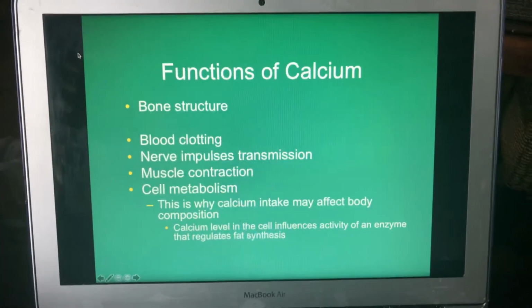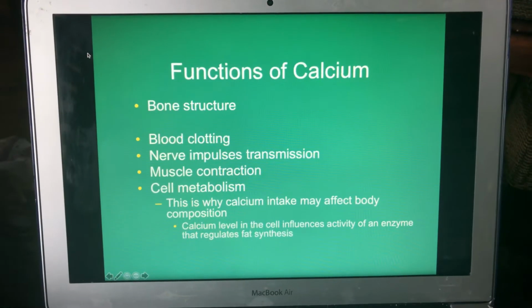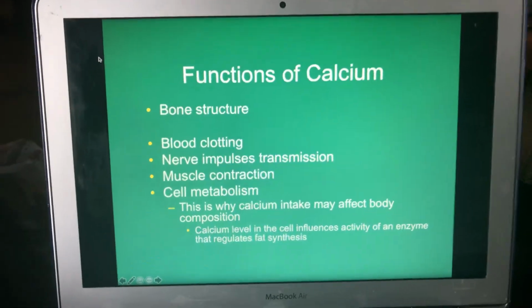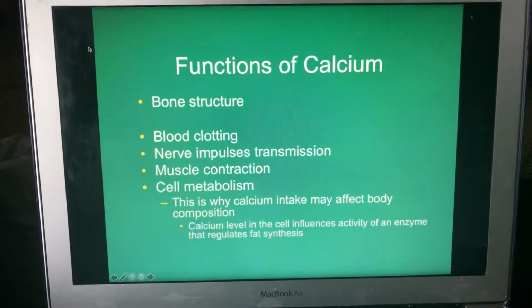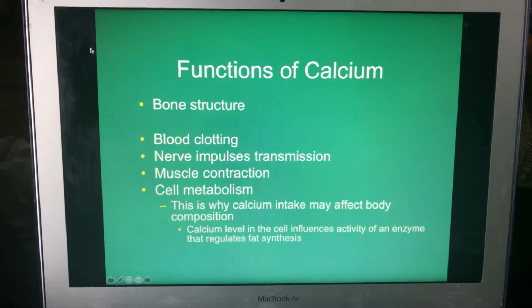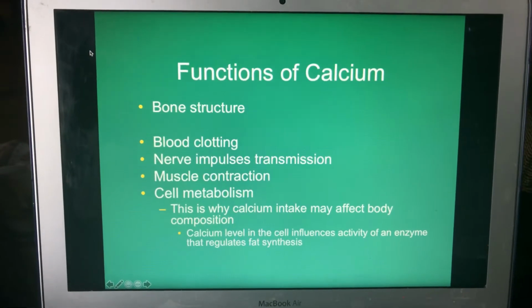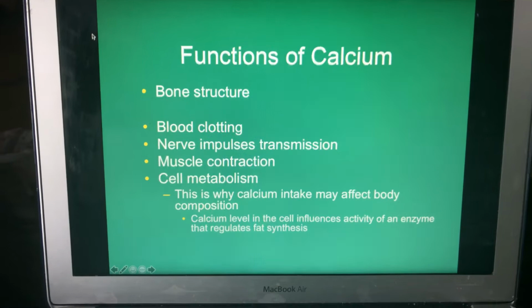Calcium regulates cellular activities, and one of the things it regulates is fat oxidation. It turns out that calcium is not a treatment for body fat loss. It only affects body fat just a tiny, tiny amount.